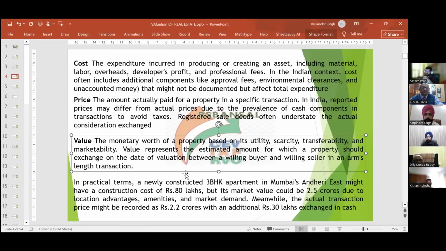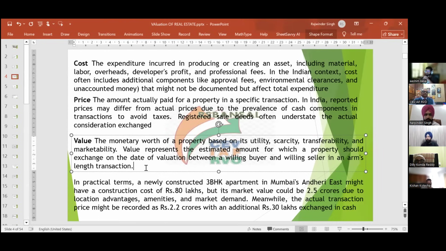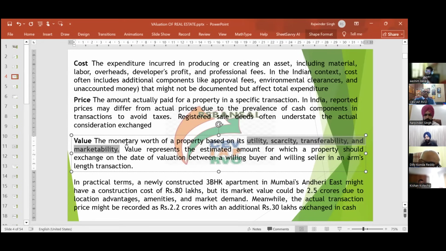And then value. See, this is the most important thing. Value. The monetary worth of a property based upon its utility, scarcity, transferability, and marketability.